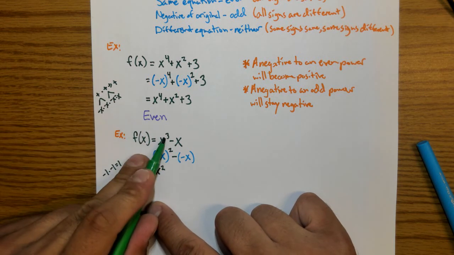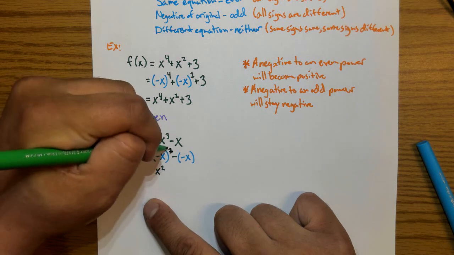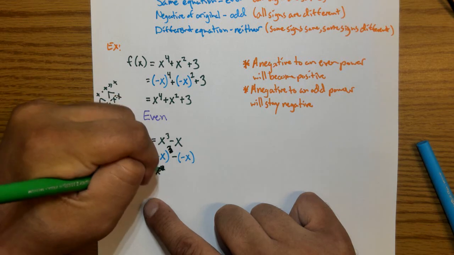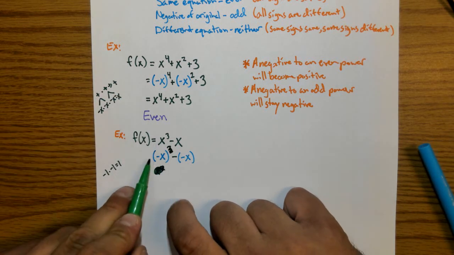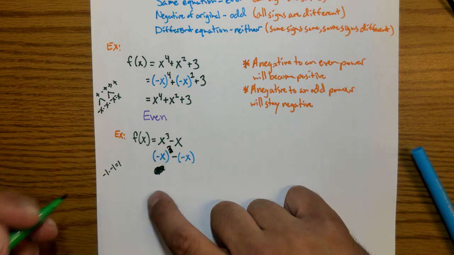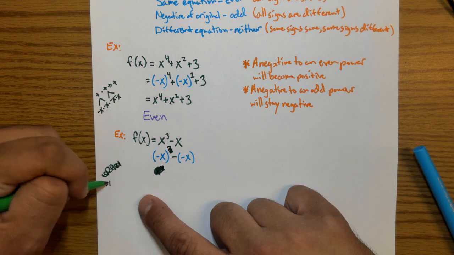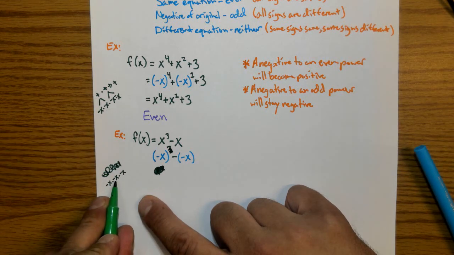Oops, I goofed here. This was cubed. It's supposed to be a 3. I'm sorry, that was a translation error. Okay, so a negative x cubed, well, that's going to be negative x times negative x times negative x. Negative times a negative is a positive.